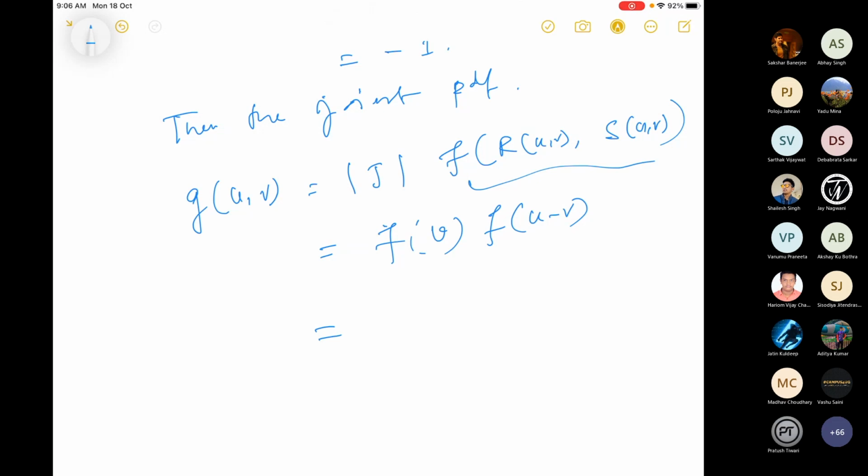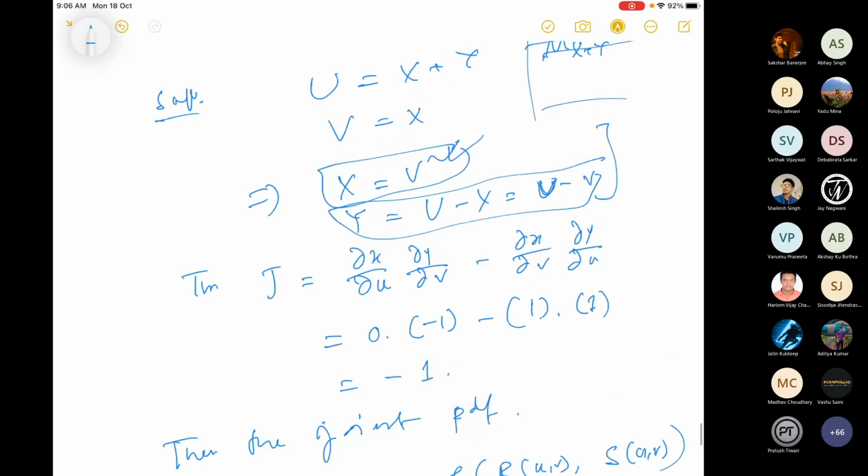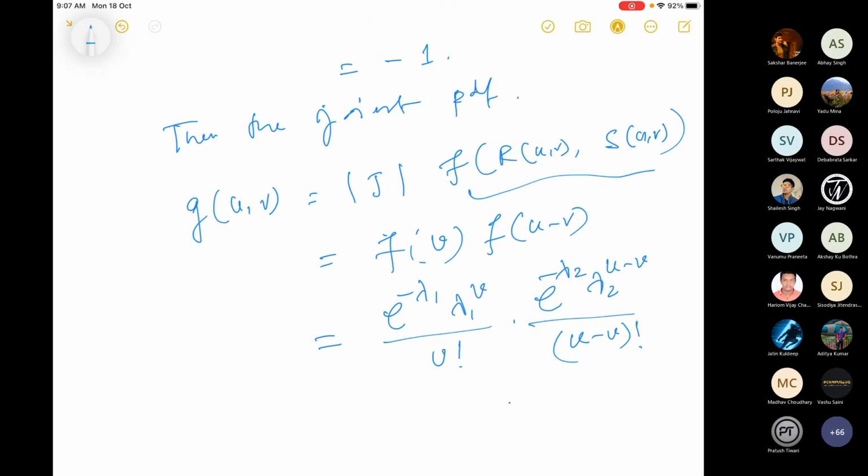So this will be e to the power minus lambda 1, lambda 1 to the power v divided by factorial v, times e to the power minus lambda 2, lambda 2 to the power u minus v divided by u minus v factorial.